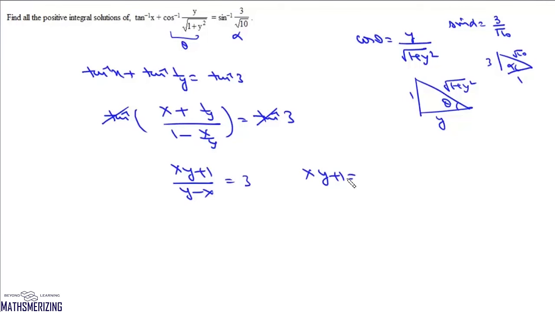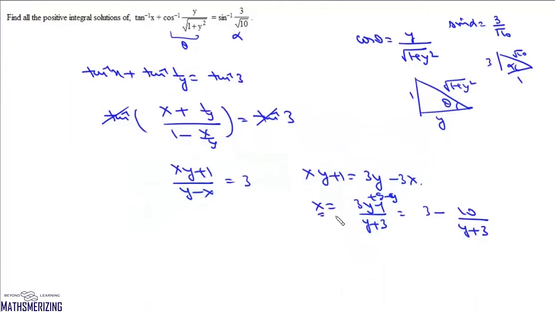We can write this as xy plus 1 equals 3y minus 3x. So here the value of x will be 3y minus 1 upon y plus 3. Now what we'll do is, we'll add 9 and subtract 9. So we can write this as 3 minus 10 upon y plus 3.